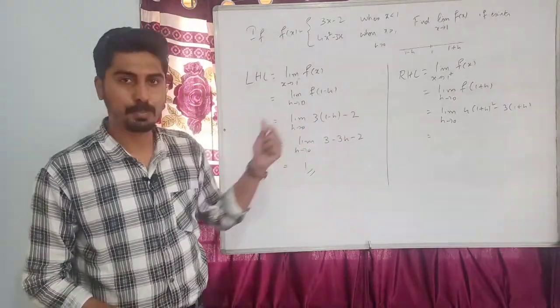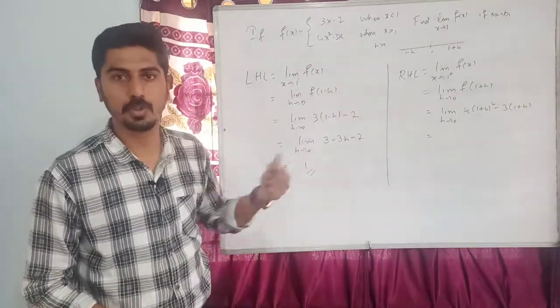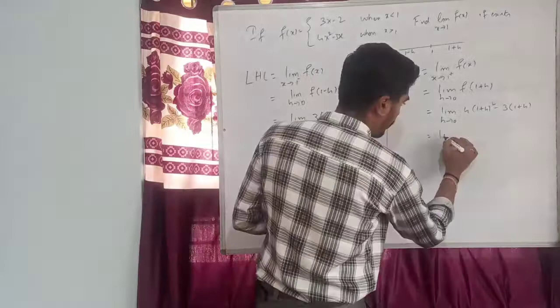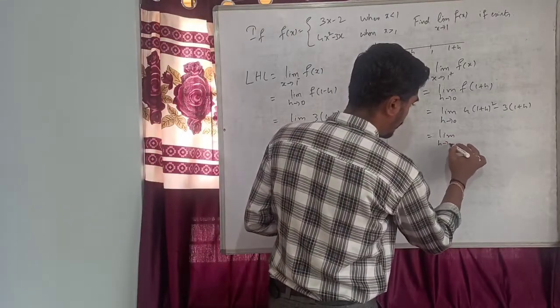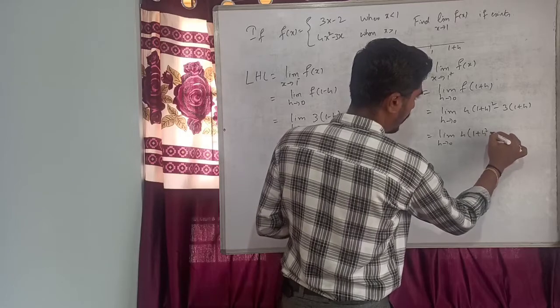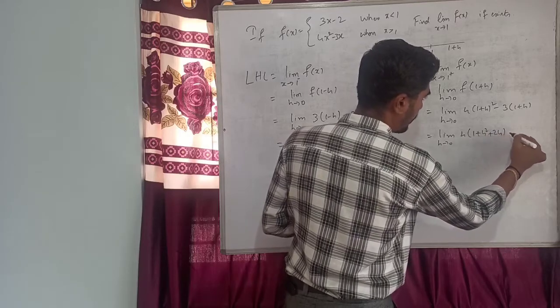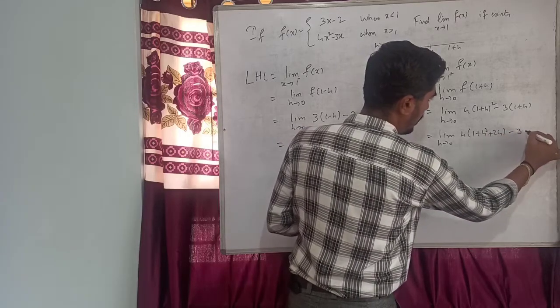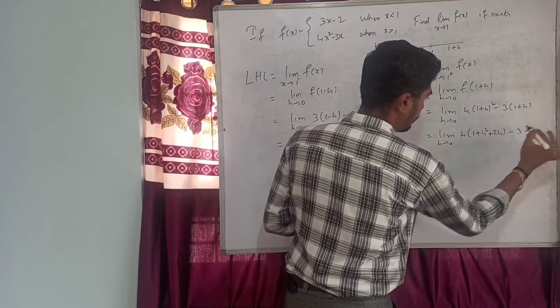Now let us expand this and substitute h equal to 0. Limit of h tends to 0, 4 into (1 plus h square plus 2h) minus 3 minus 3h.